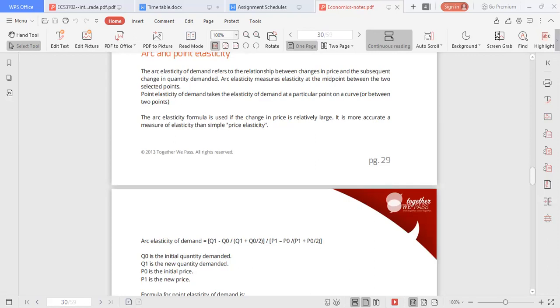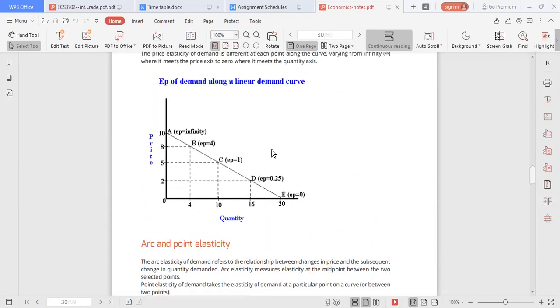Arc elasticity is when we are calculating elasticity over a range of points. On a demand curve, we want to calculate elasticity between two points, between point B and C. Point elasticity, we calculate at one point.